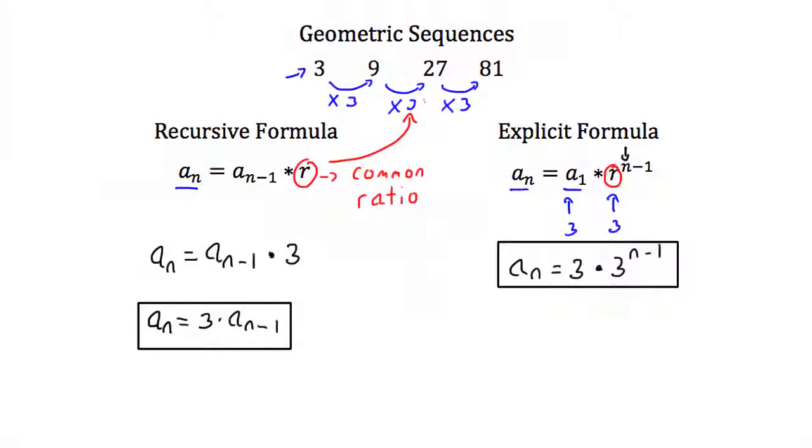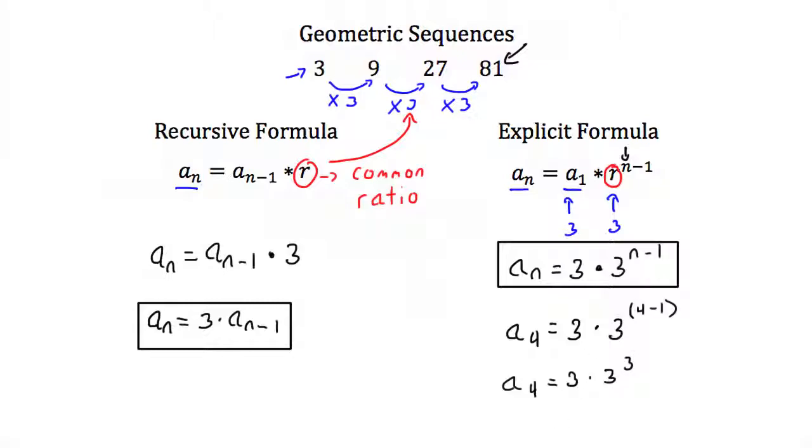If we wanted to find the fourth term in our sequence, which we know is 81, that would be A4 is equal to 3 times our common ratio, which again is 3, to the n minus 1 power. We're looking for our fourth term, so n is 4, so this would be to the 4 minus 1 power. So our fourth term is just 3 times 3 cubed.